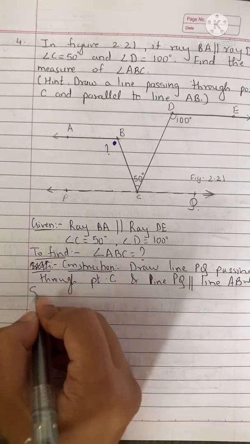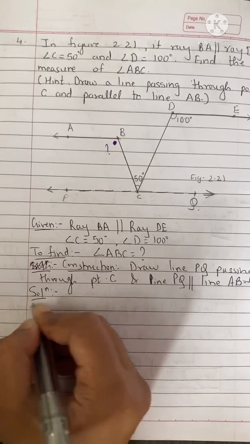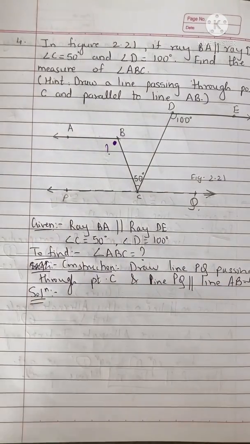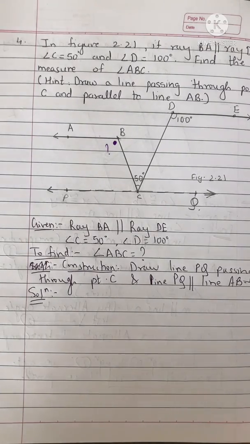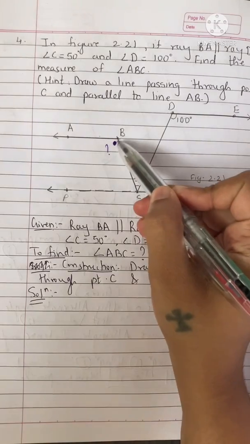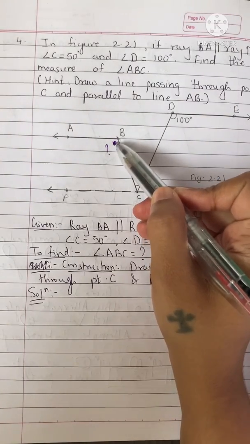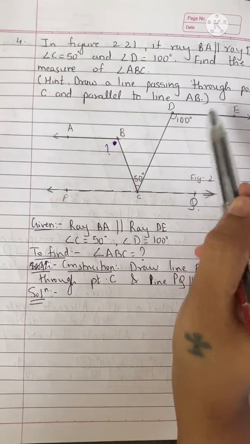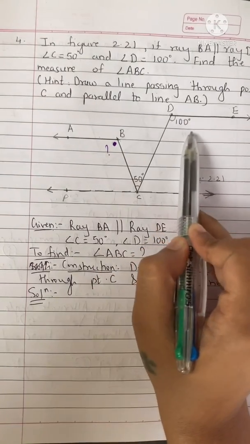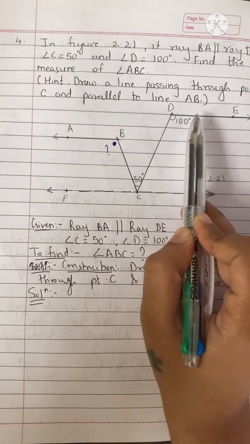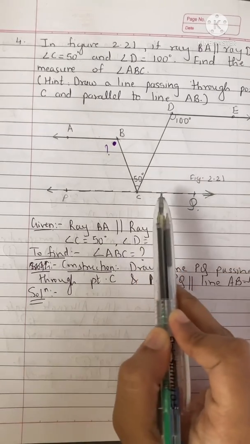Now in the solution, you have to use this construction which we have done. Before you prove, we don't know this angle, so it is always better to use the data which is already given. We already have one angle, so we can make use of this angle and this angle which is given.